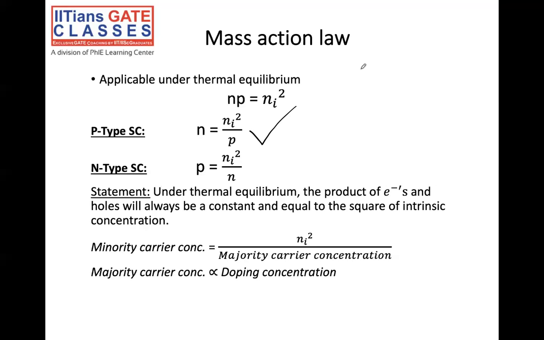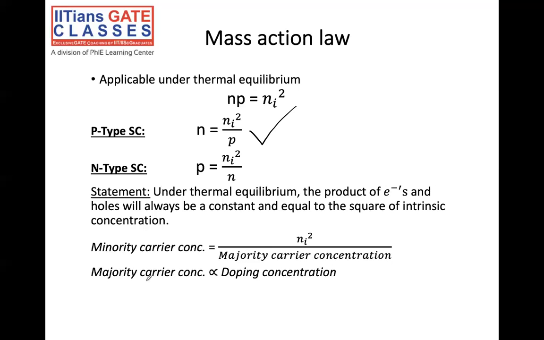So here, minority carrier concentration is equal to Ni square divided by majority carrier concentration. In p-type semiconductor, P is the majority carrier concentration. That is why minority carrier concentration is N here. So minority carrier concentration is inversely proportional to the majority carrier concentration.